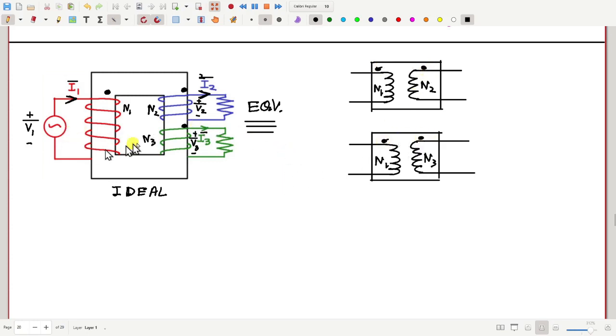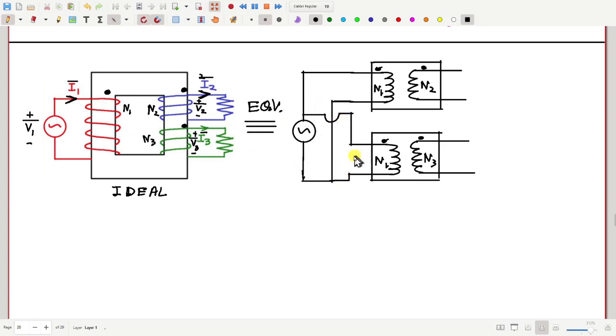And now what I do, here I had the source. I connect the source to both the primaries, in parallel. So they are getting the same supply, right?